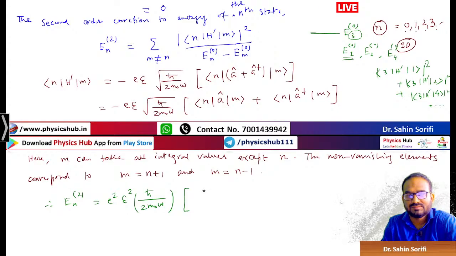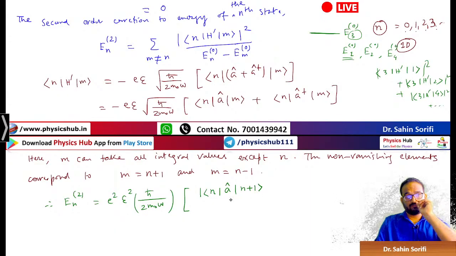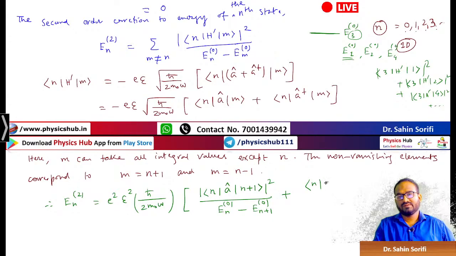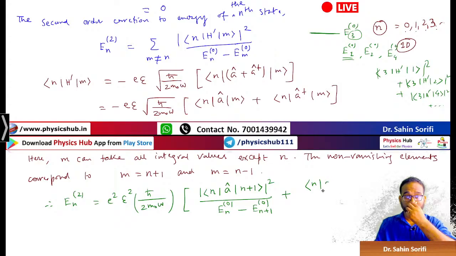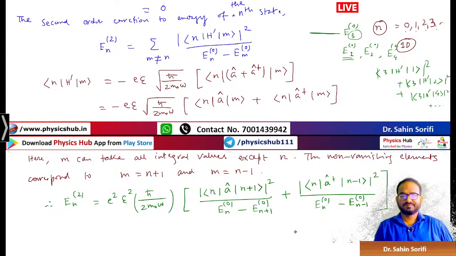The first term, let's say we put m equals n plus 1, n a n plus 1 mod square divided by En0 minus E(n+1)0, plus n a dagger n minus 1 mod square divided by En0 minus E(n-1)0. Did you get it?